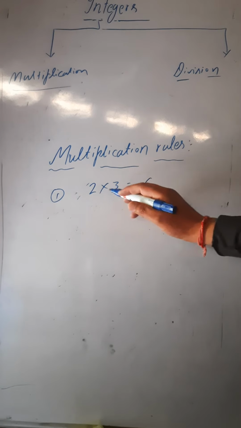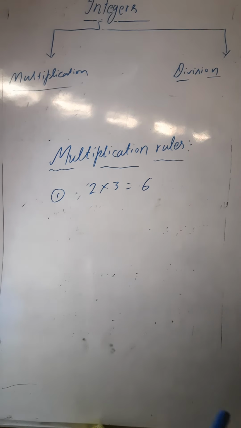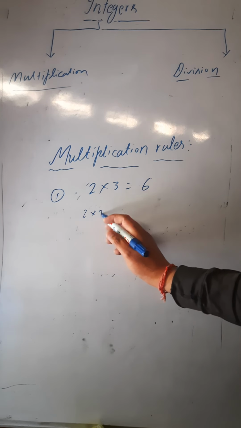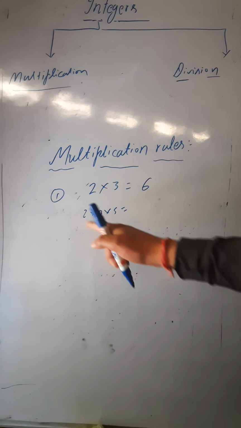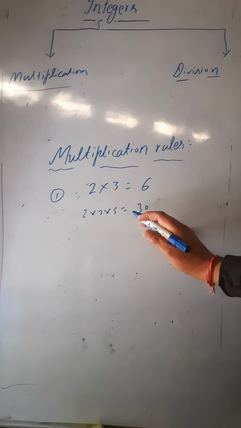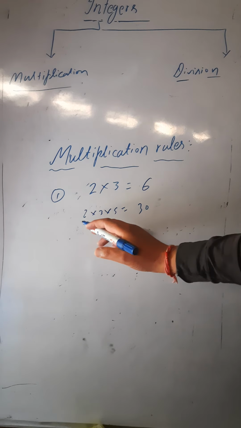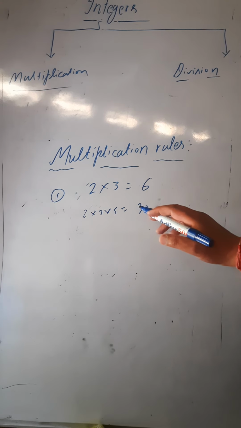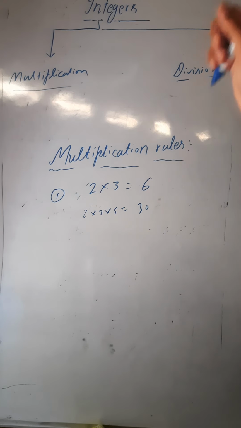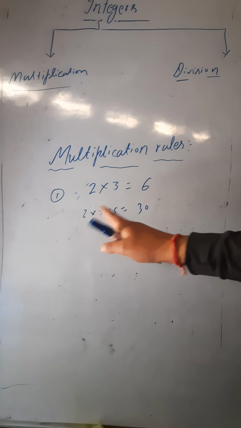Even with three positive integers, like 2 multiply 3 multiply 5, 2 times 3 is 6, 6 times 5 is 30, the answer will again be of positive sign. Is it clear?